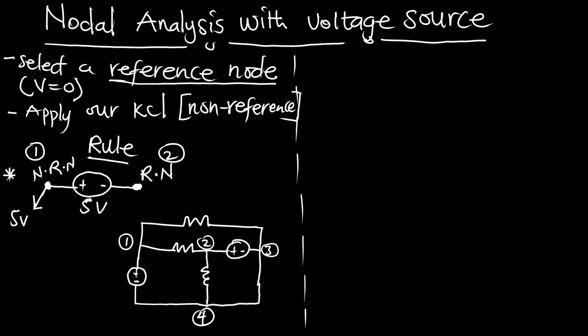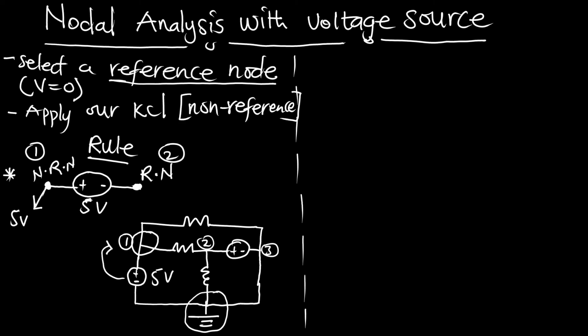So the rule is we are to ground or use one node as the reference node. So I'll prefer to use this node as my reference node. So I only have node 1, node 2, and node 3. And the rule for nodal analysis with voltage source is anytime you see a voltage source connected between a reference node and a non-reference node, then the value of the voltage is set to the non-reference node.